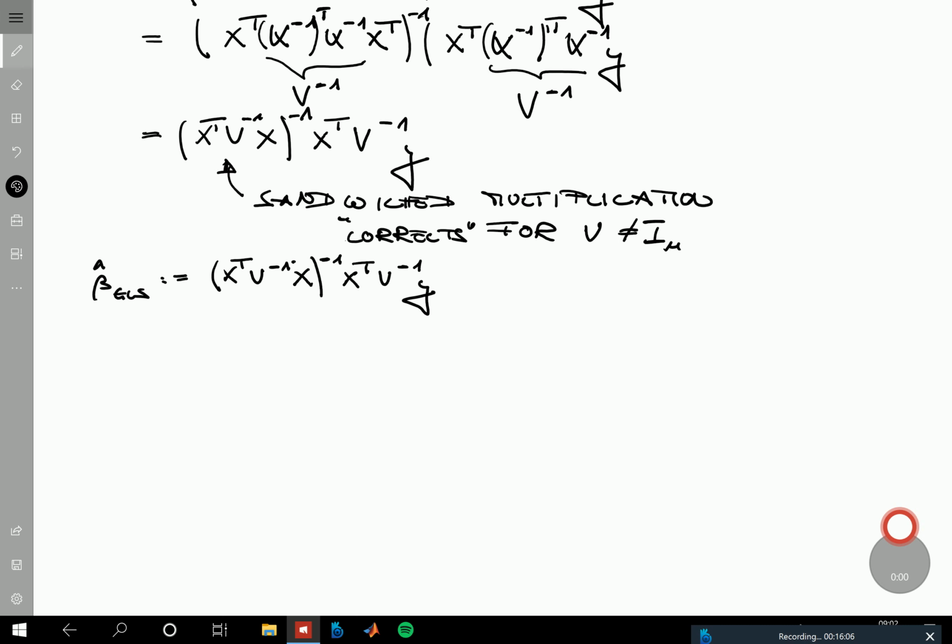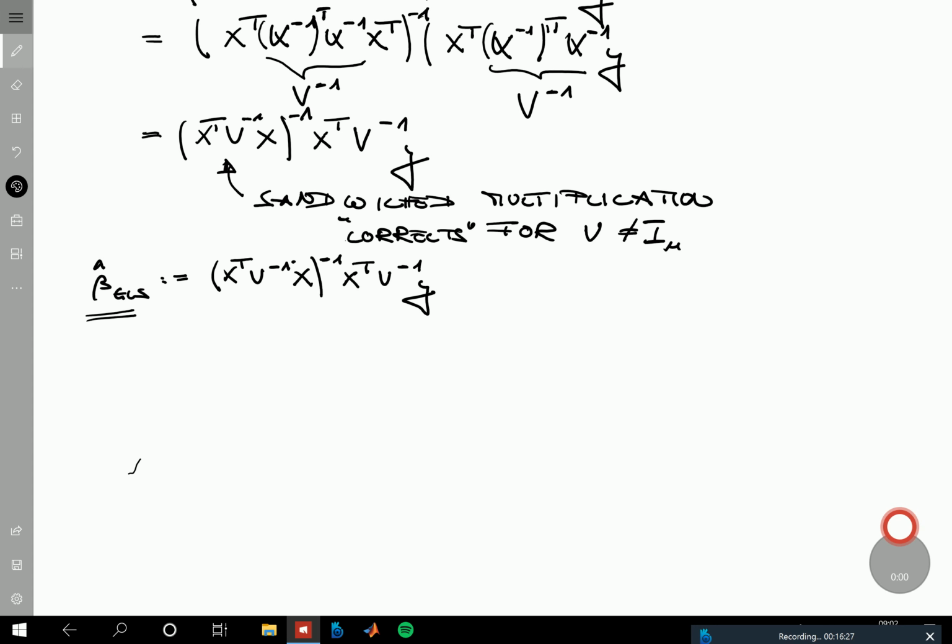So the generalized least squares beta estimator corresponds to a corrected version of the beta ordinary least squares estimator under non-spherical errors. And the correction affects the covariance matrix of this beta estimator.